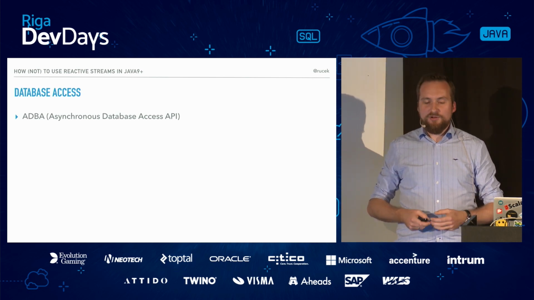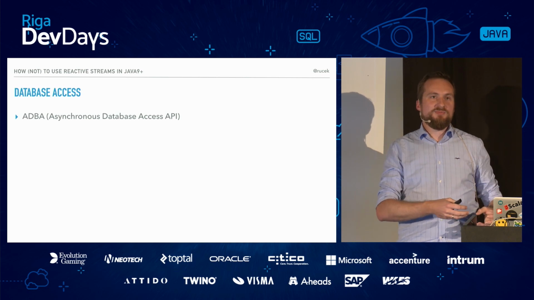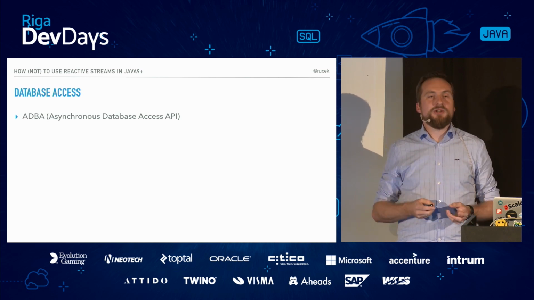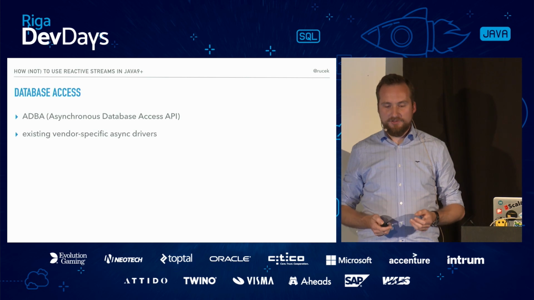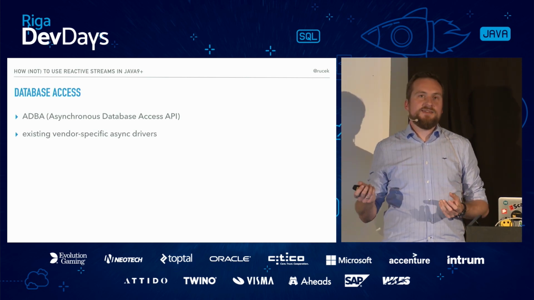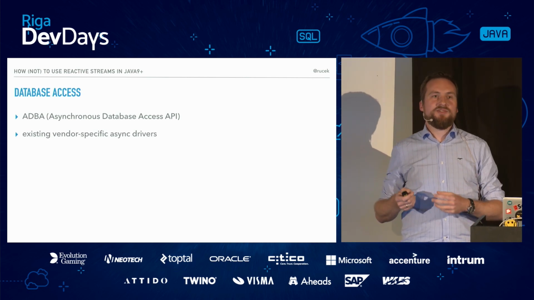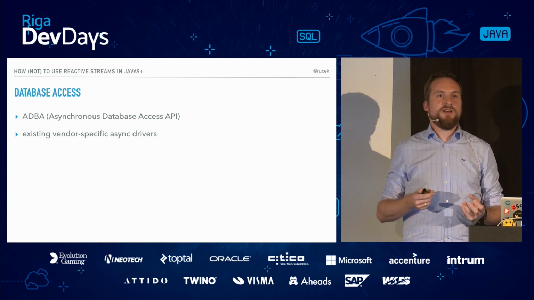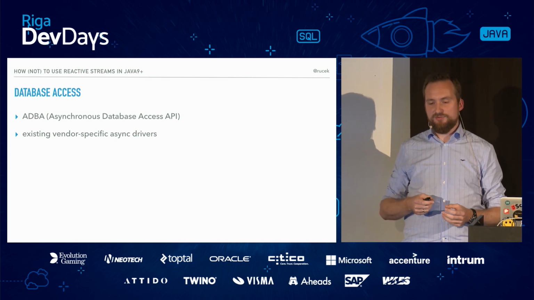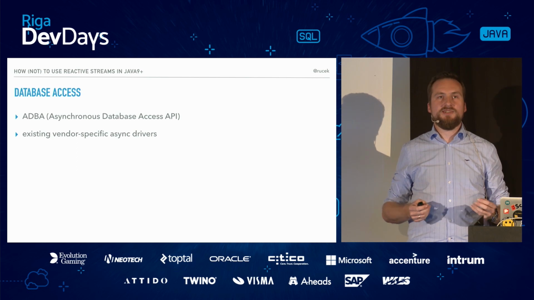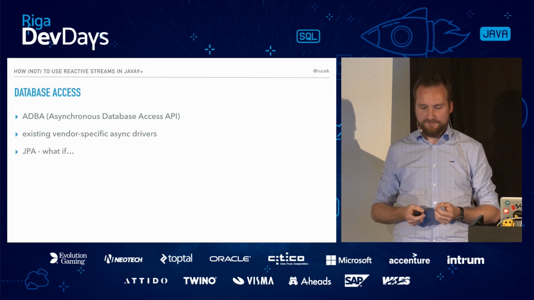So although ADBA is going to be there, it's probably not going to support the reactive interfaces, which is a pity. There are some existing drivers for various databases, but they are vendor specific. They are not unified within the JDK. So you could use them for a particular database, but there is no general solution.